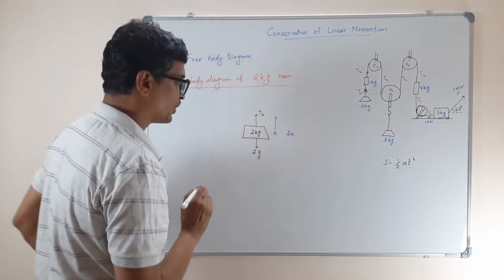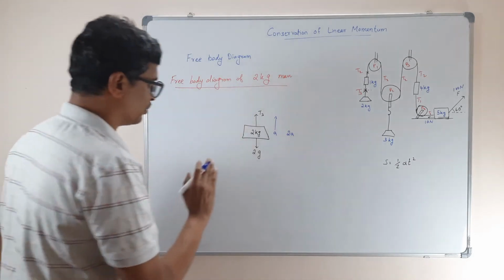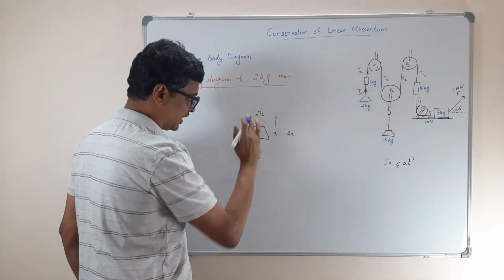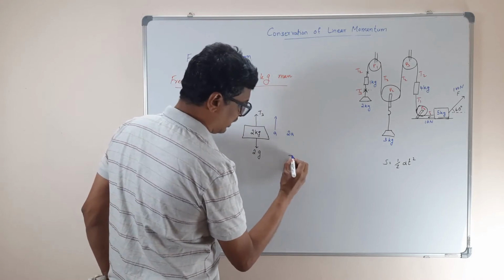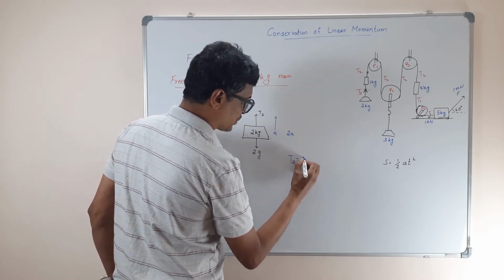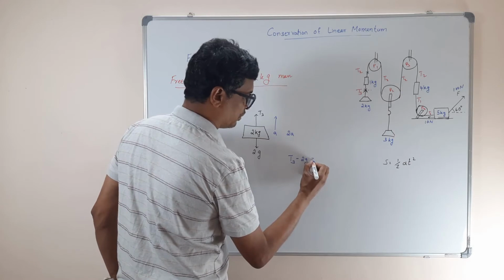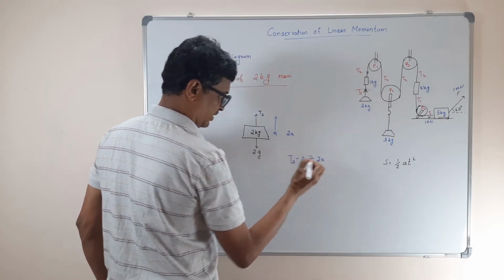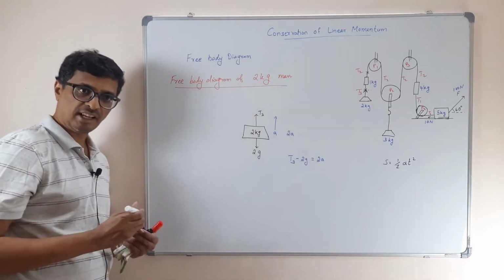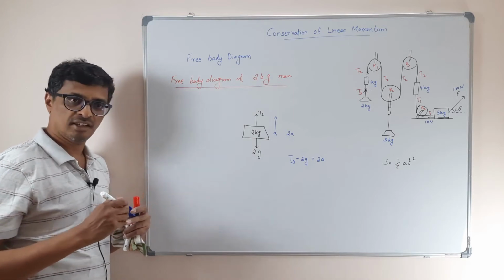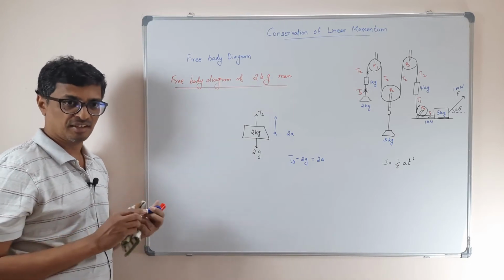So now can you say what the equation will be? The resultant force is T3 minus 2G equal to 2A. Is that correct? That's what your free body diagram is.